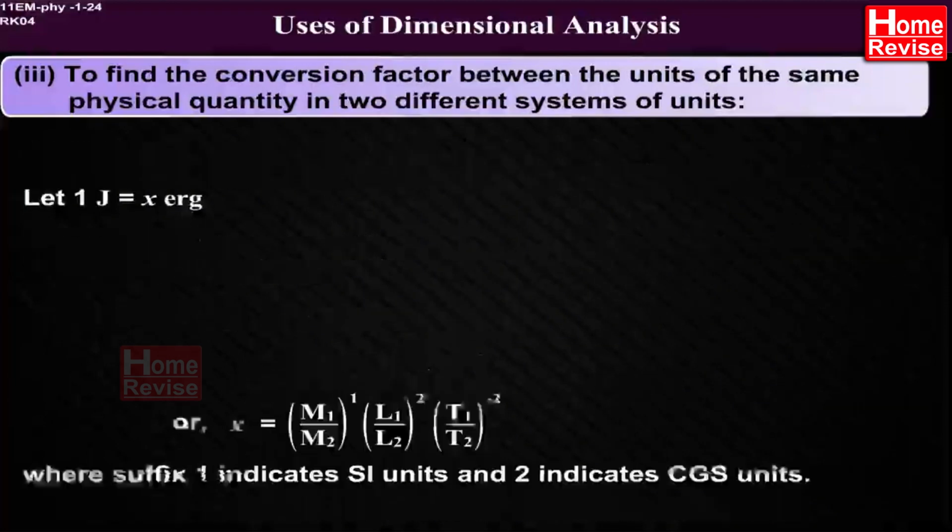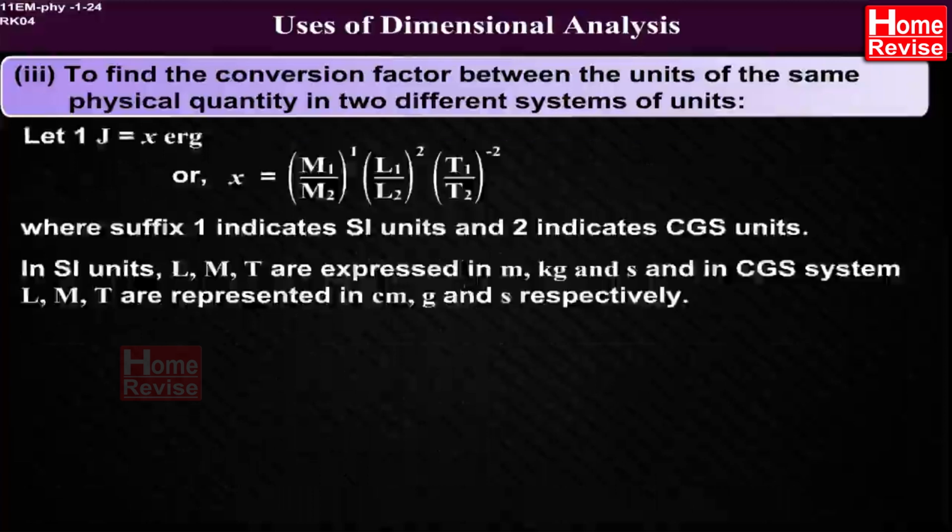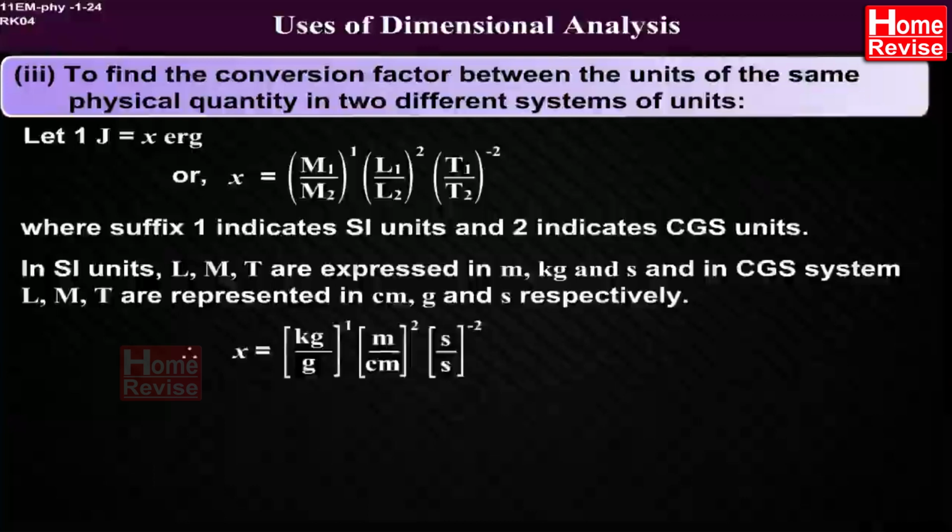In SI units, L, M, T are expressed in meter, kilogram and second, and in the CGS system, L, M, T are represented in centimeter, gram and second respectively. Therefore, x is equal to (kilogram upon gram)^1 into (meter upon centimeter)^2 into (second upon second)^(-2).